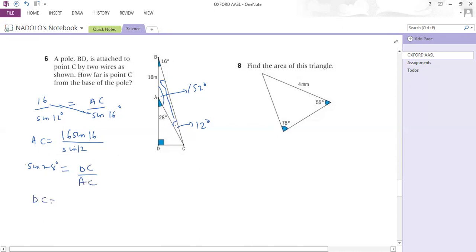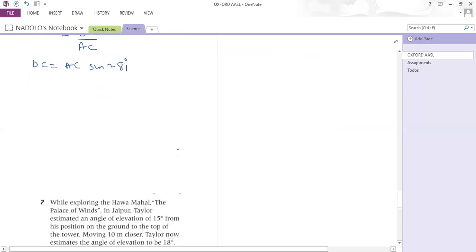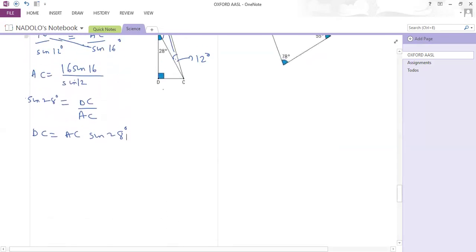So if you want to get DC, you should multiply AC times sine 28 degrees. And we know what AC is from up there. So DC or CD will be equal to AC, which is 16 sine 16 divided by sine 12, multiplied by sine 28 degrees.